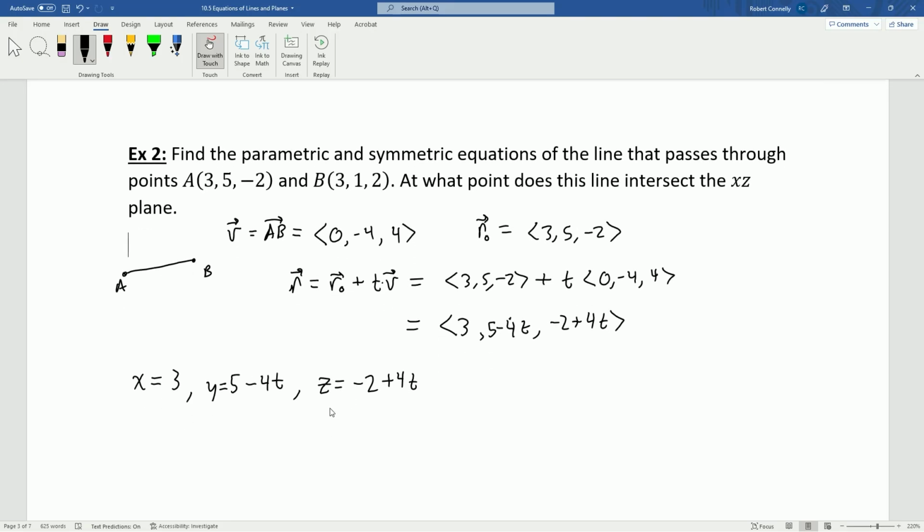But we can still express a parametric or a symmetric relationship between y and z. So technically we would still be eliminating the parameter. It would just be the only symmetric equations we can describe are the ones relating y and z together. So what do we get?